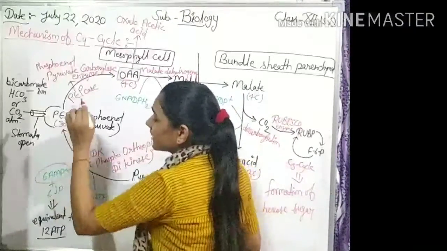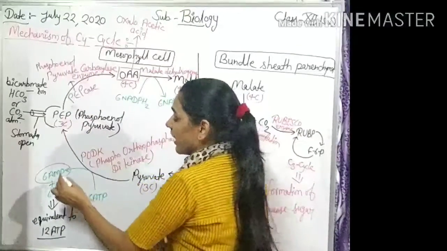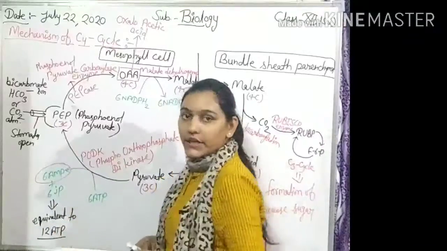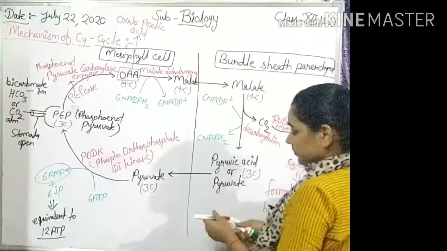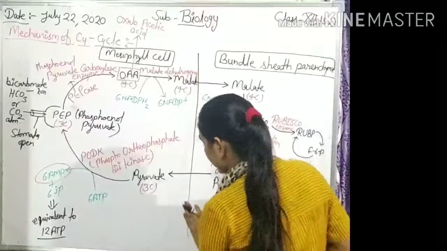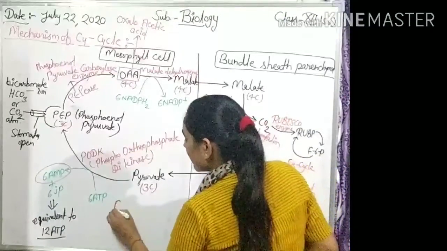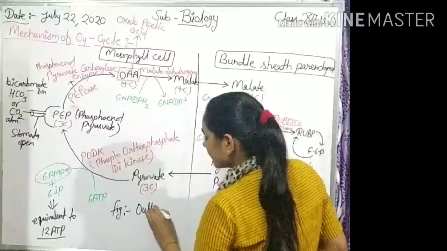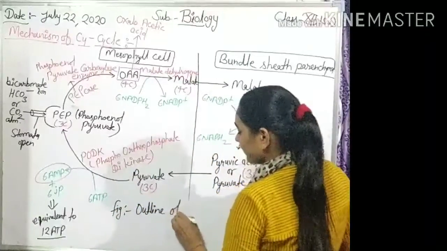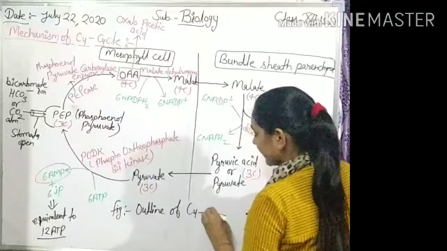These 6 AMP molecules are equivalent to 12 ATP molecules. So this is the outline of the C4 cycle.